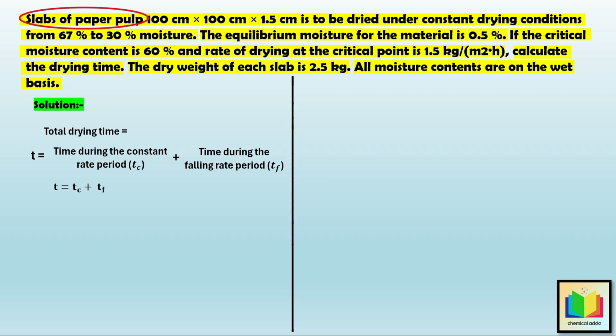Then, we know the formula for drying time for a constant rate period and falling rate period. Hence, the formula for the time required for drying can be written as T is equal to W dash divided by A Rc into X1 minus Xc plus W dash into Xc minus X star divided by A Rc into ln of Xc minus X star divided by X2 minus X star.